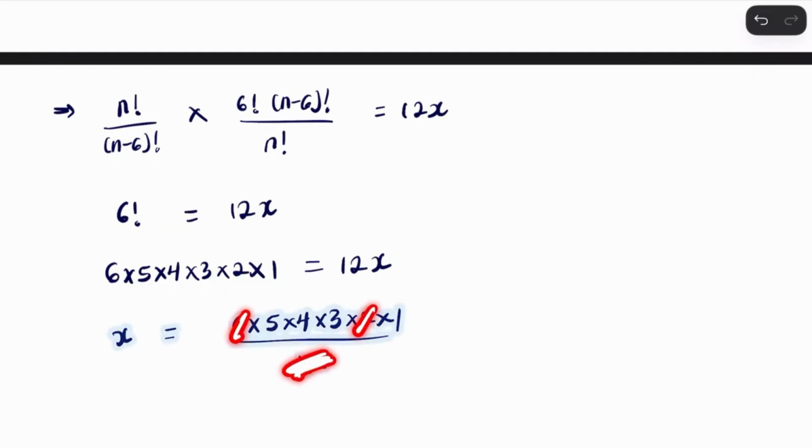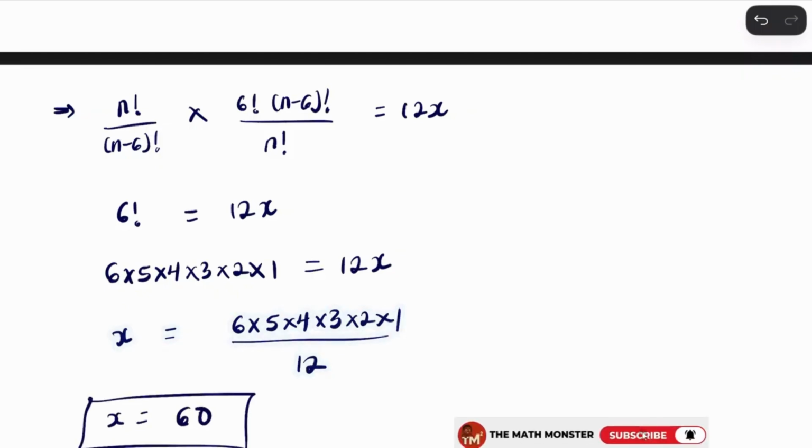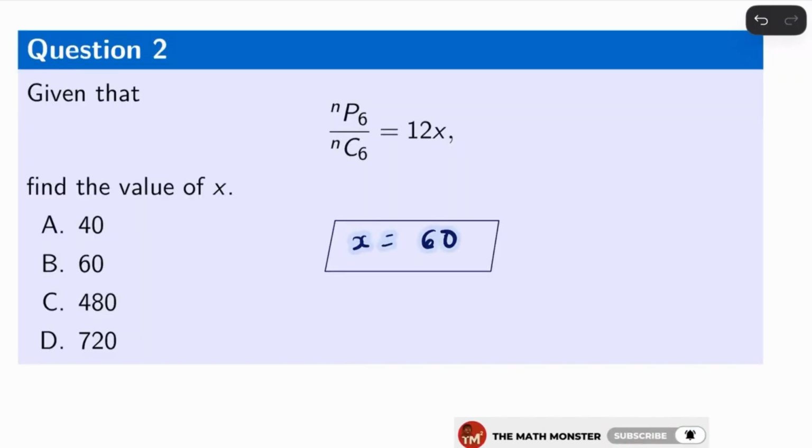So you have 5 times 4, which is 20, 20 times 3, which is 60, 60 times 1 is just 60. And so x is equal to 60. Thus, the correct option is option B.